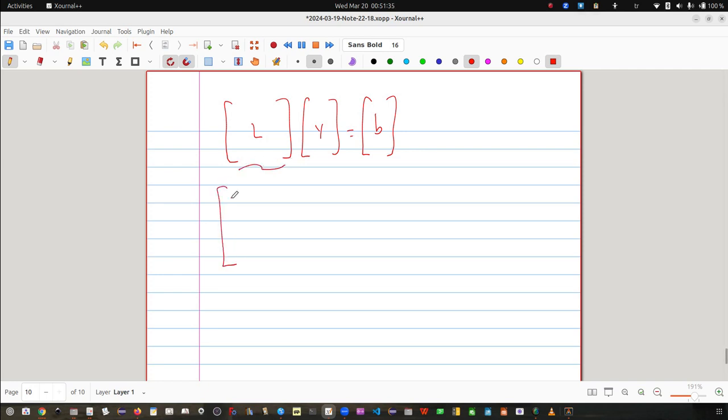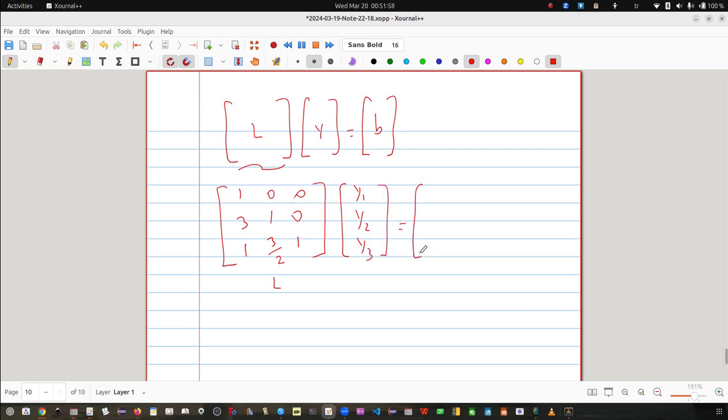We found the values L21, L31, and L32. This is our lower matrix. And then these are y1, y2, y3 is equal to B.